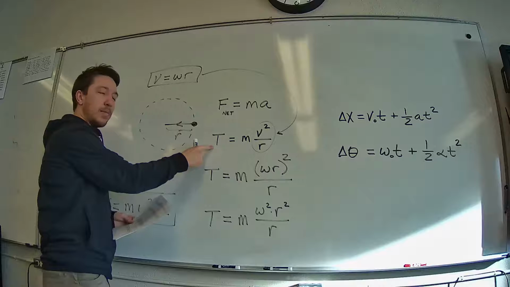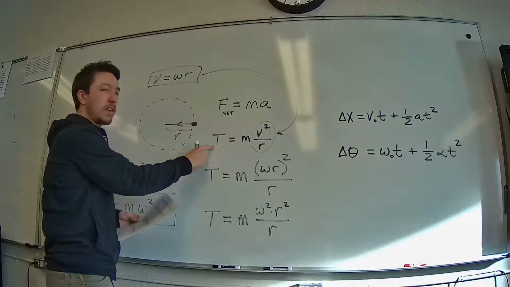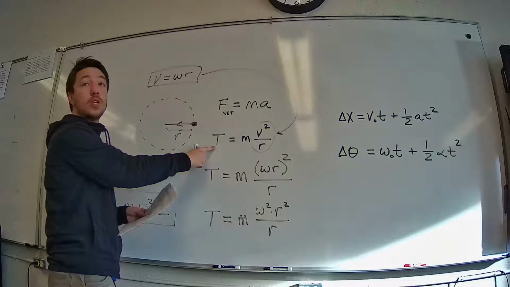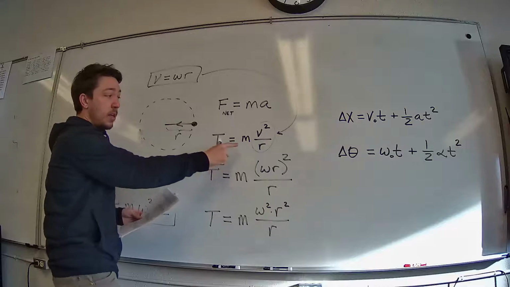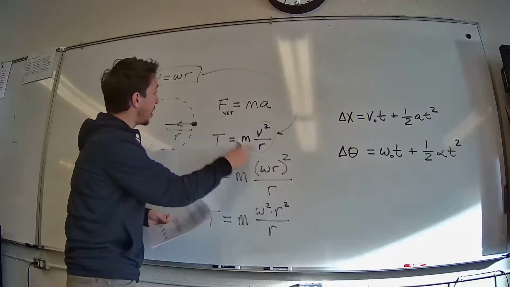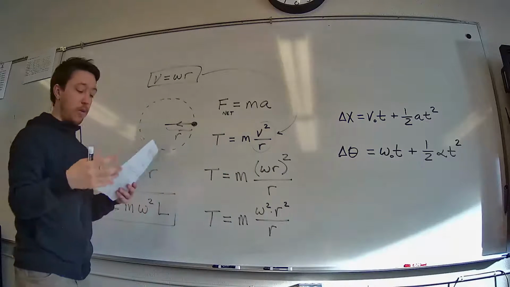The only difference is it's not tension anymore. What's the expression for friction force? Mu times mg. So this is going to be mu times mg. This is going to be mv squared over r, and then you're going to do the exact same substitution that Caleb said a minute ago, and relate all those terms.